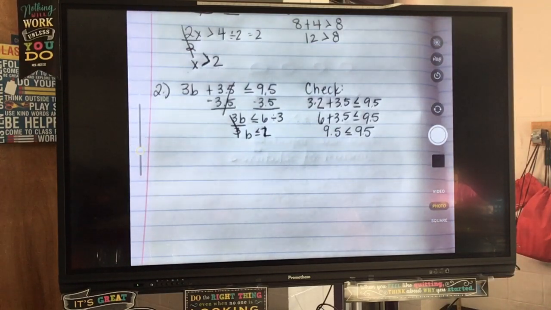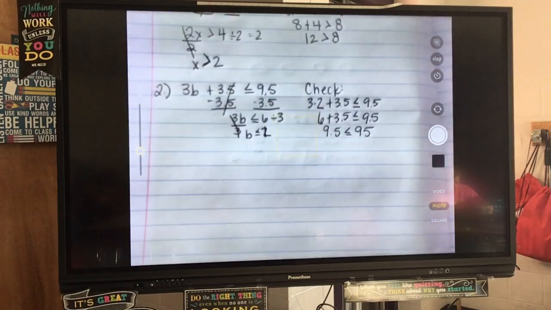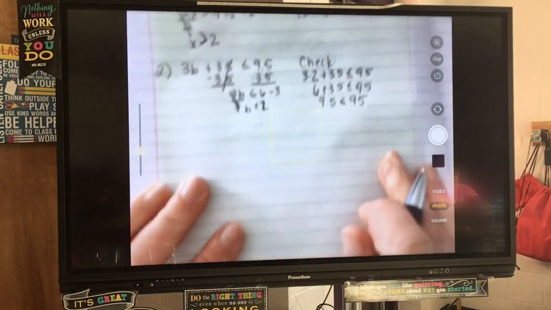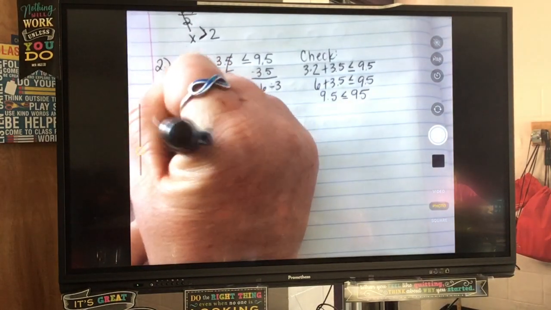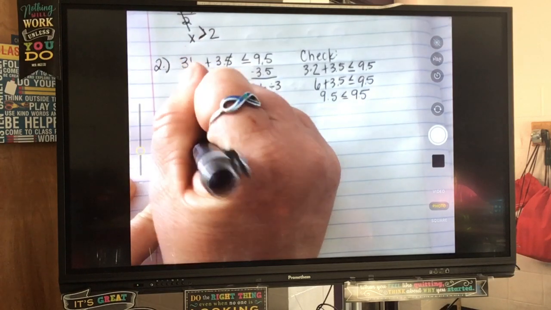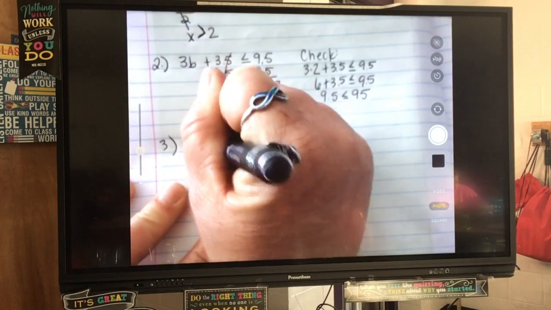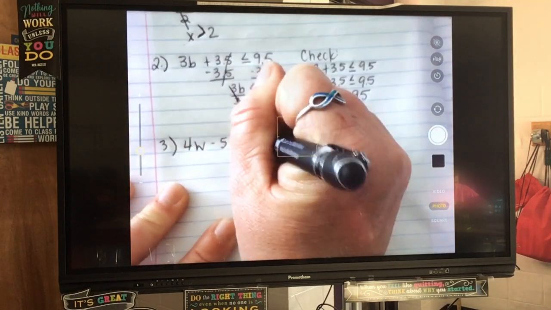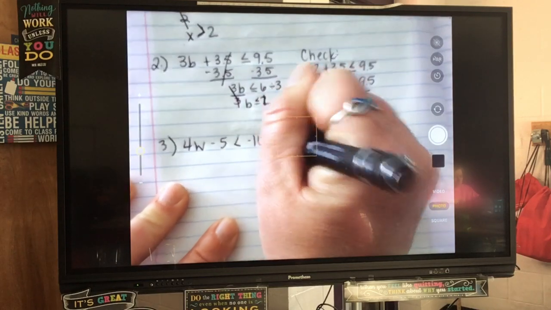So the pink set, the one that's 4w minus 5 is less than negative 10 plus 3w. Okay? Then where's your answer? All right, so again, we're looking at the one that says 4w minus 5 is less than negative 10 plus 3w.